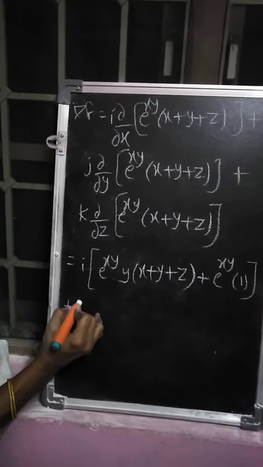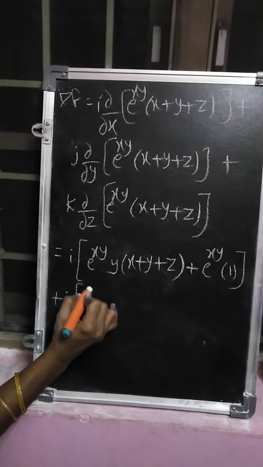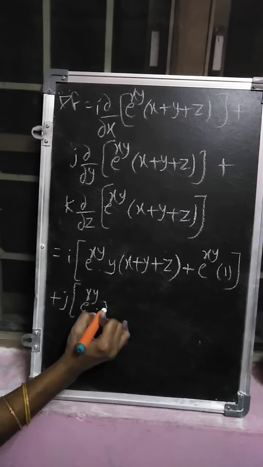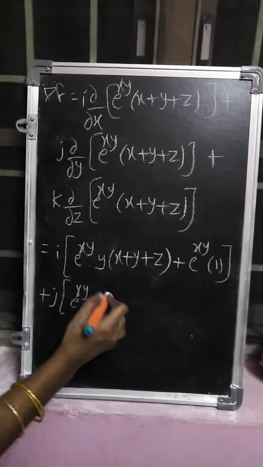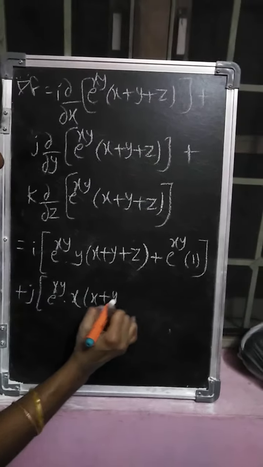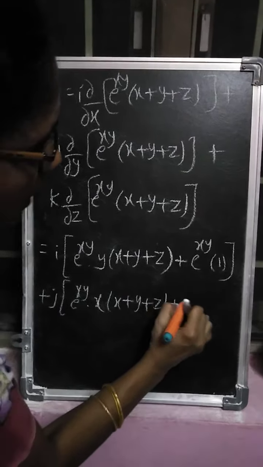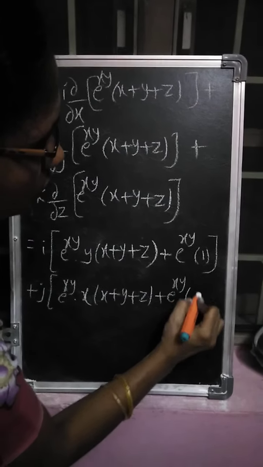Similarly, plus j into e power xy with respect to y: y is 1, so e power xy into x into (x plus y plus z), plus e power xy into 1.